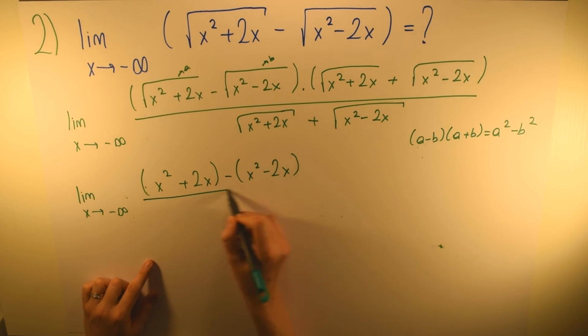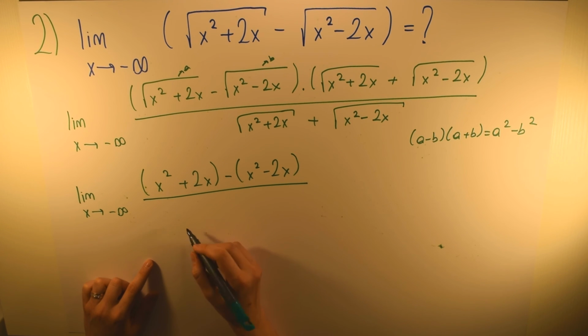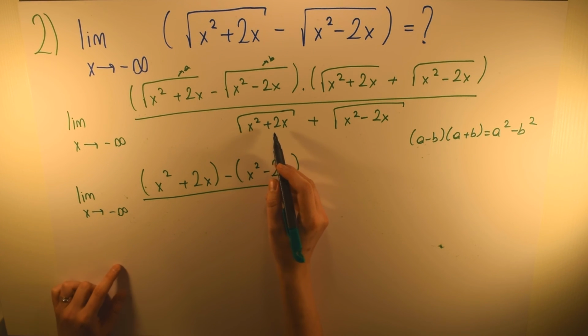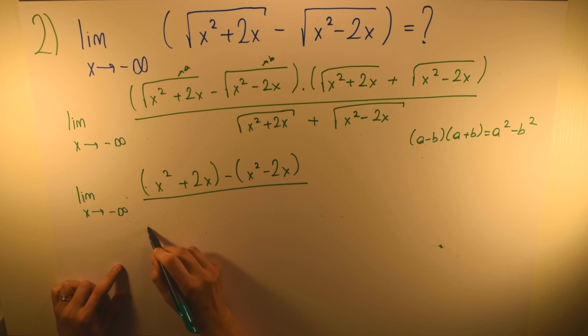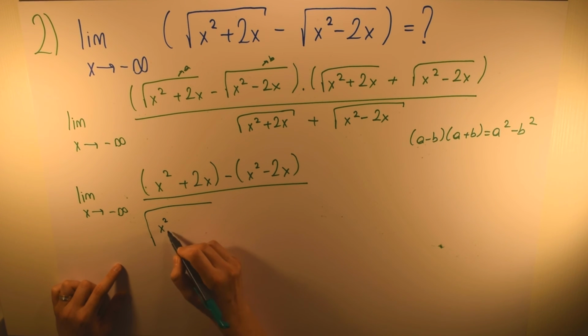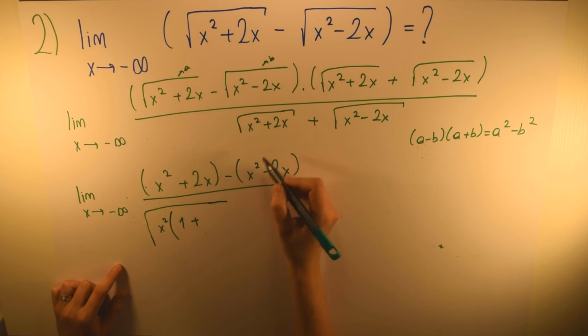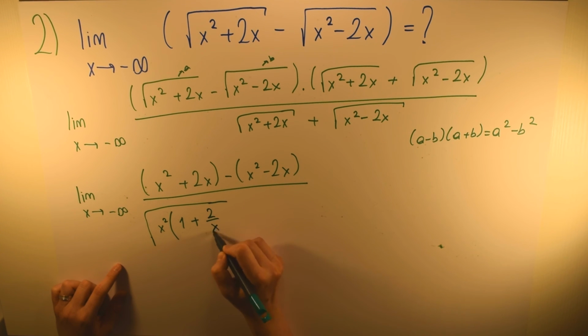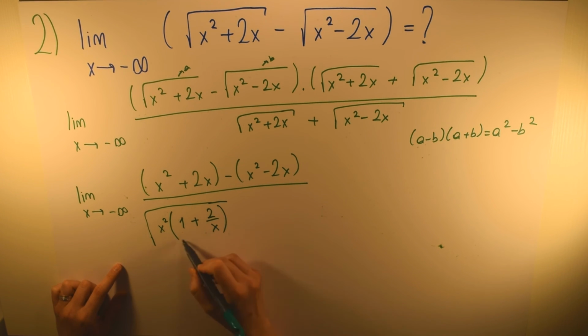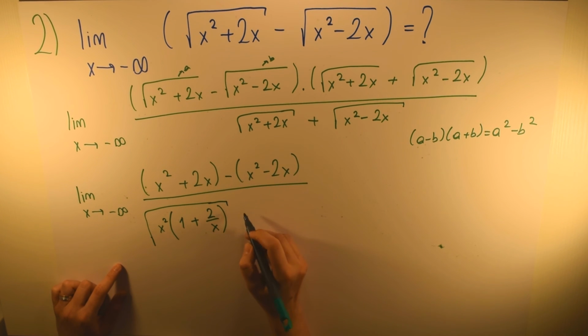Over, in this root, we can take x squared out in parentheses and write 1 plus 2 over x, because when you multiply these together you will get 2x.